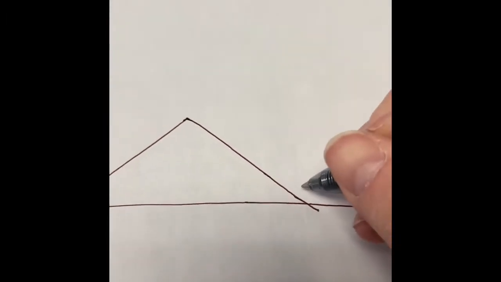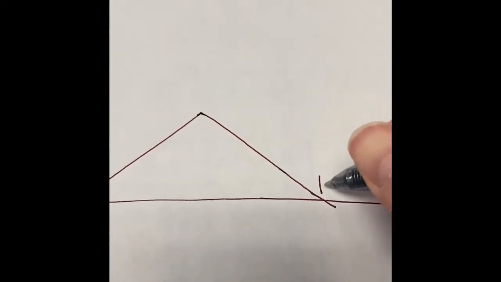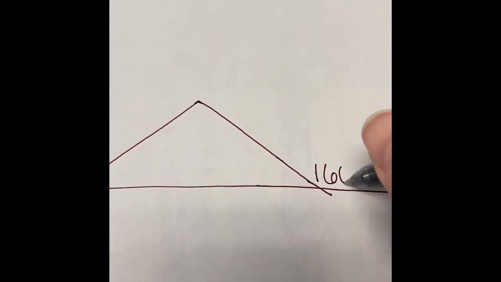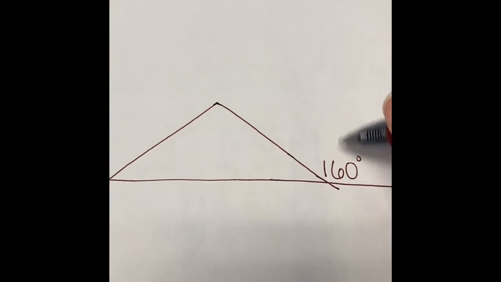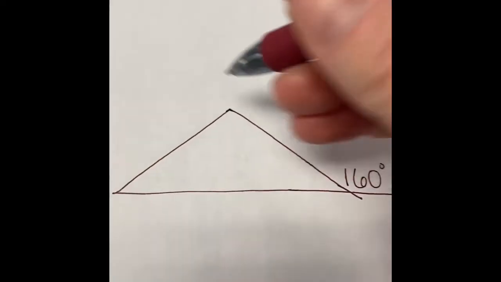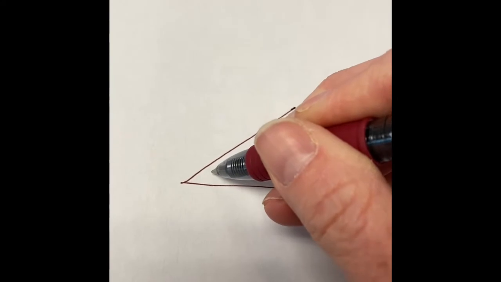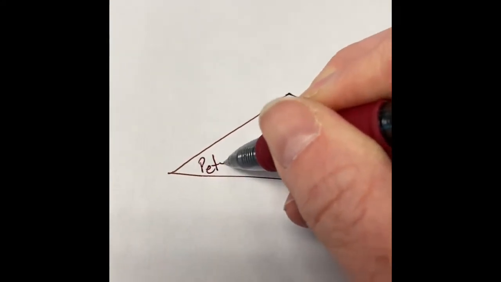So let's see what this means for us. Let's pretend that this angle is, let's call it 160 degrees. I think it's a little bit smaller than that, but that's okay. And let's say that this angle up here is 95 degrees. So what is this angle? We're going to call this angle Peter.